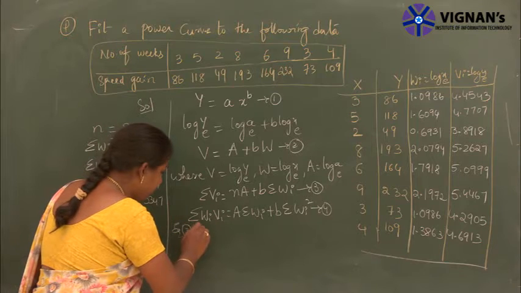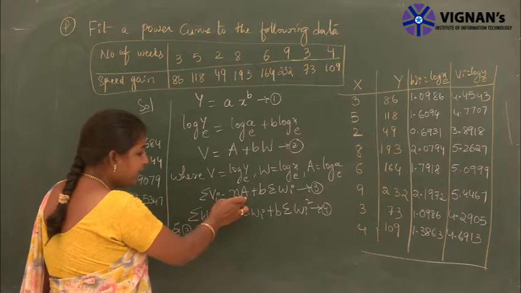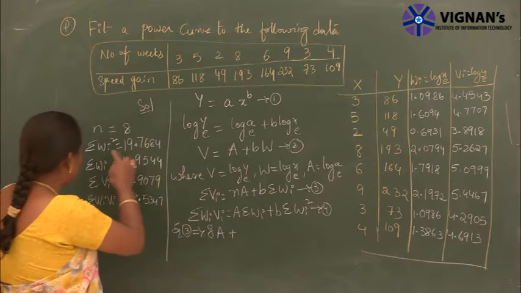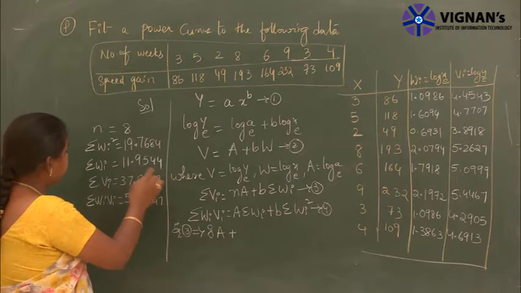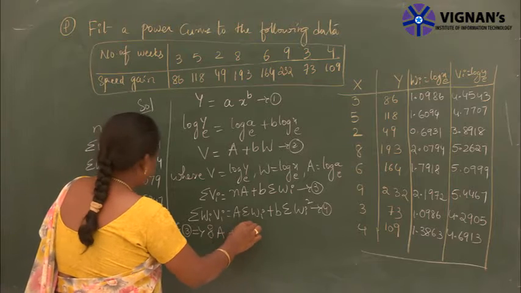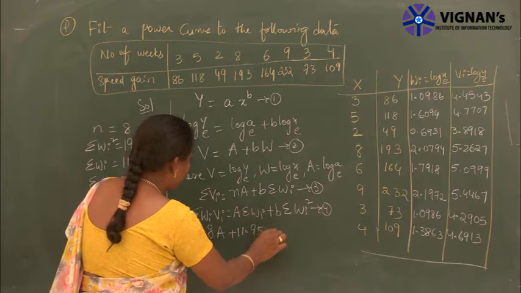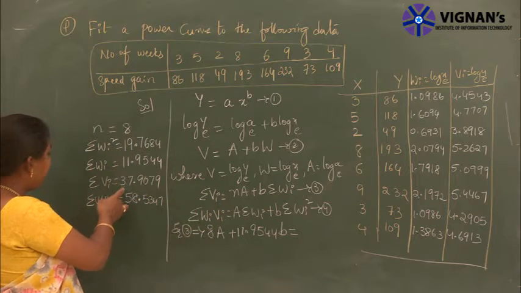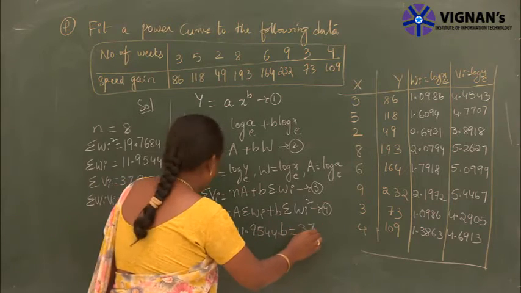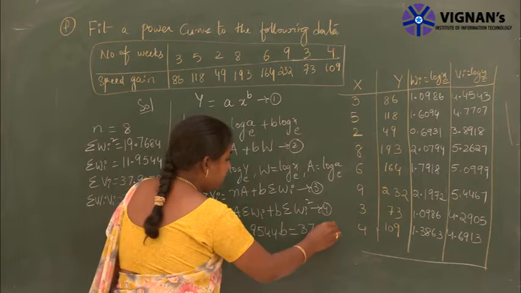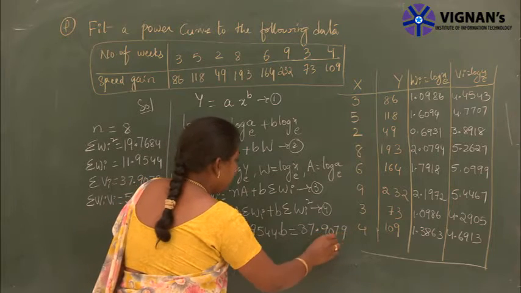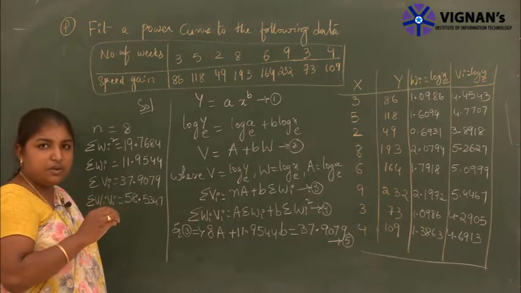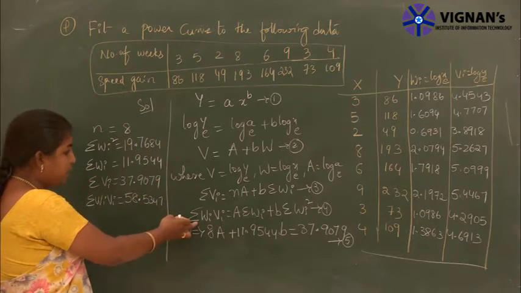So all these values we substitute in equations 3 and 4. Equation 3 implies N A, so that is 8A plus summation Wi, 11.9544, B is equal to summation Vi, 37.9079. Let it be equation 5. Next, substitute the values in equation 4.